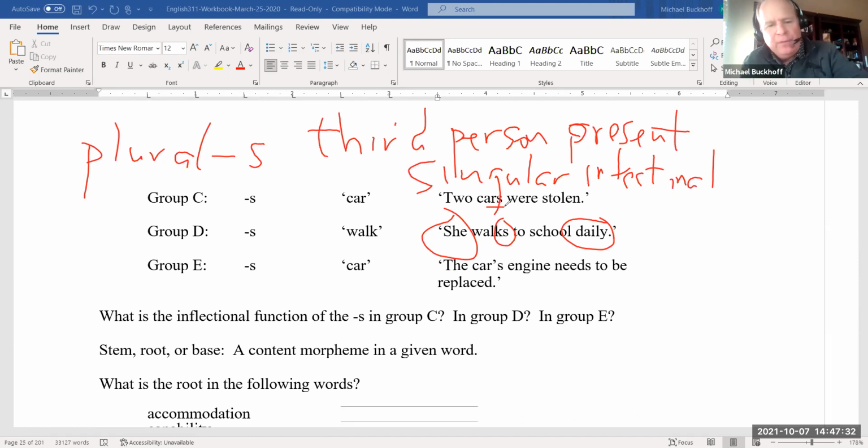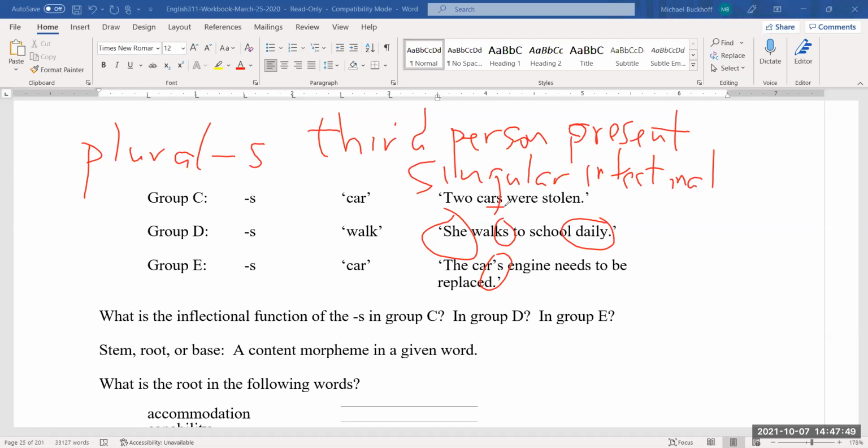Now, the last one's quite easy. You can identify this in one word. What is it? The car's engine needs to be replaced. What is it in Spanish?